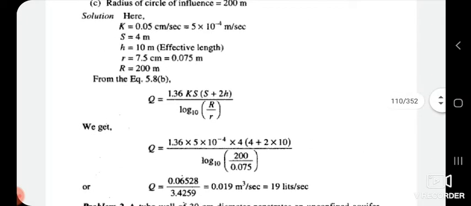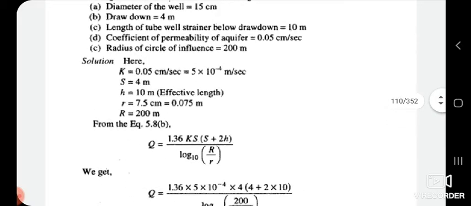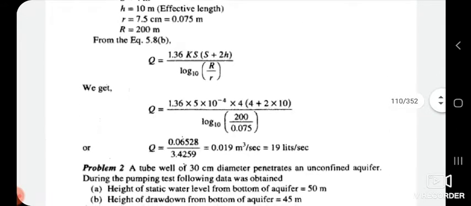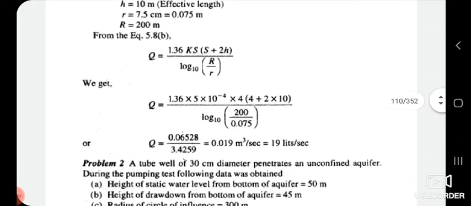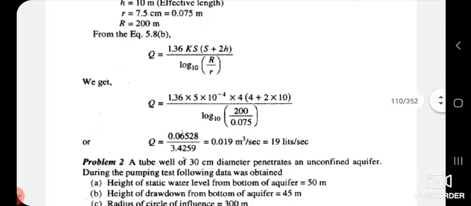So mind the units. Everything you are supposed to take in meters and seconds, so convert whichever is given in centimeter or other units into meters, and then you can substitute directly and get the value in terms of meter cube per second. I hope you know how to convert it into liters per second.